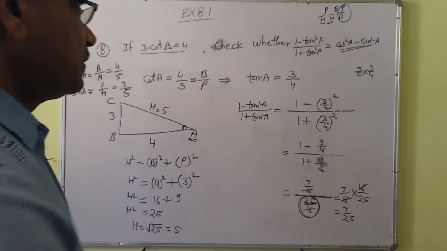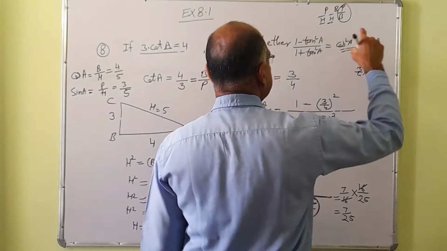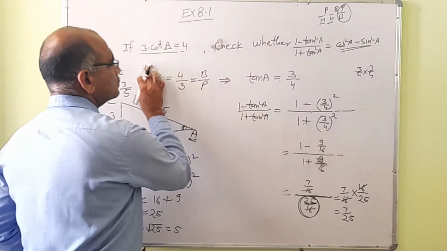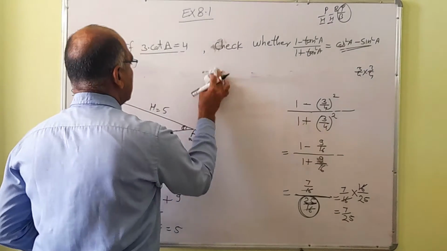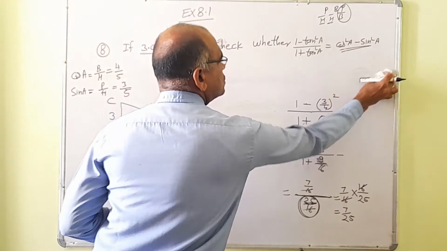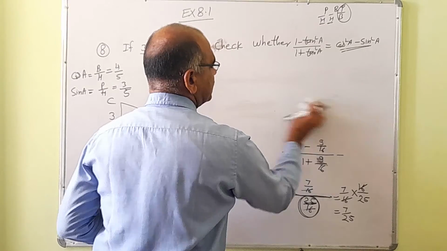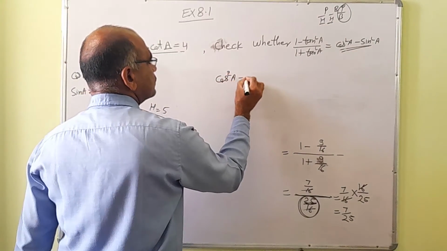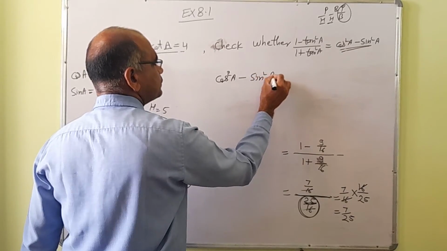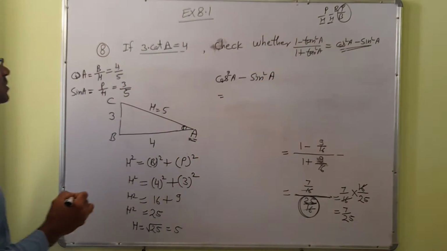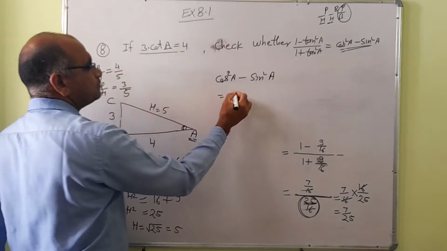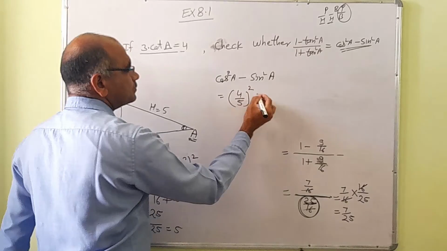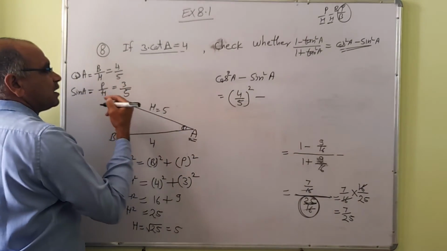Put both values in cos square A minus sine square A. नाउ आई एम कैलकुलेटिंग cos स्क्वायर ए माइनस साइन स्क्वायर ए. cos स्क्वायर ए minus sin square a. What is the value of cos? Cos is 4 upon 5. And put here square also. And sin value is 3 upon 5.